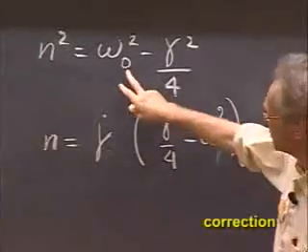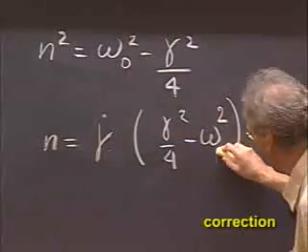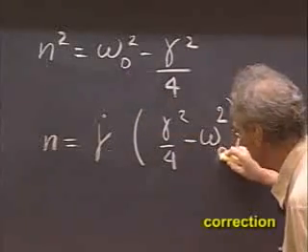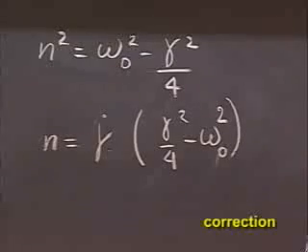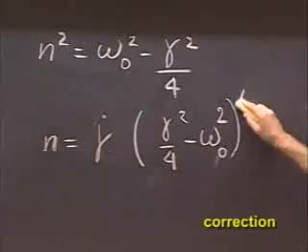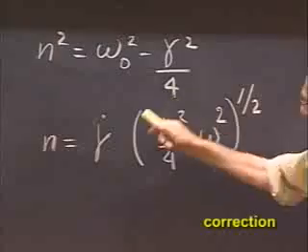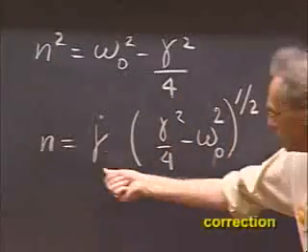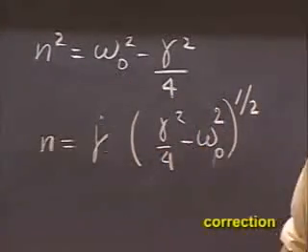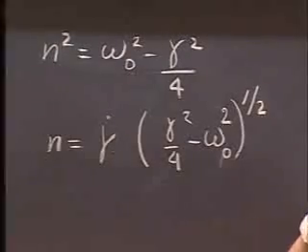For one, there is a 0 here. So this should have been omega 0 squared. That's mistake number 1. But second, obviously, you have to take the square root of this. If now you square this, you get this. Sorry.